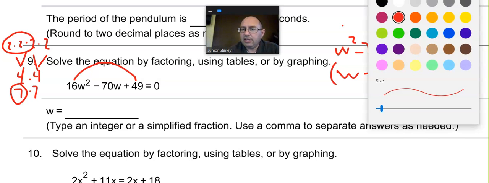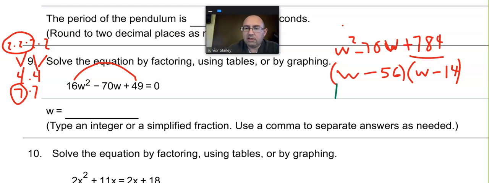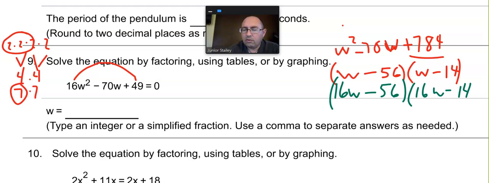So now the 16 is going to come back in front of both of the w's. And then we're going to pull out the GCF. In the first one, 8 goes into both of those, so we have 2w minus 7.